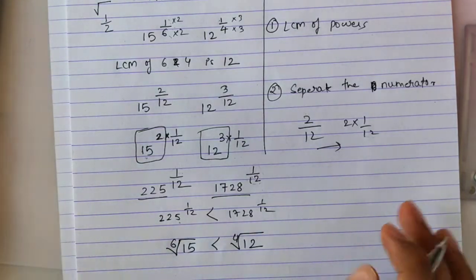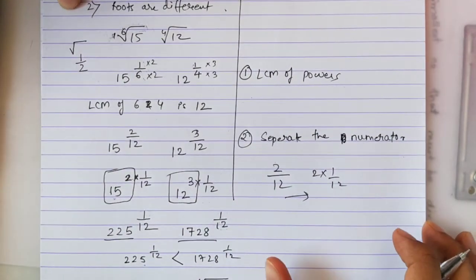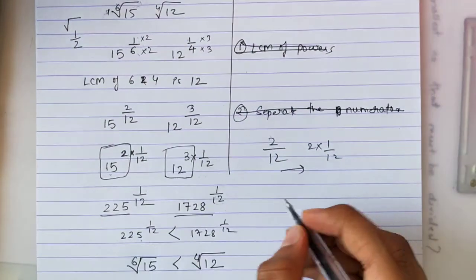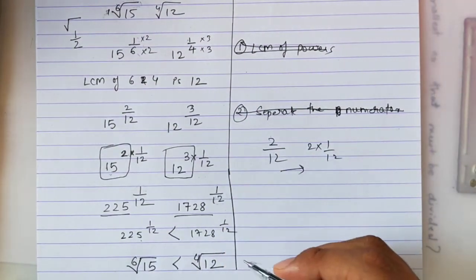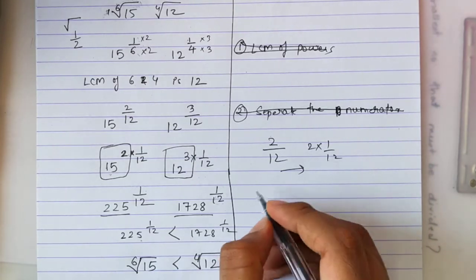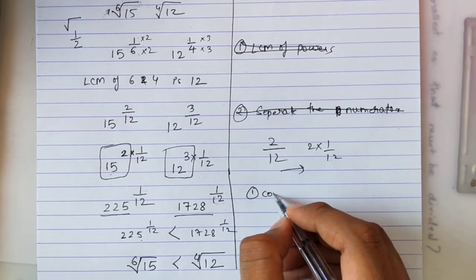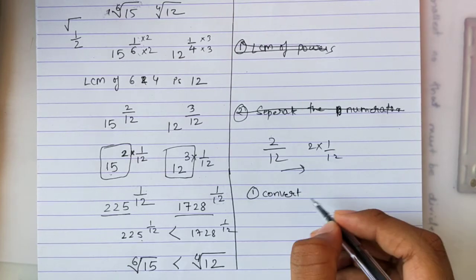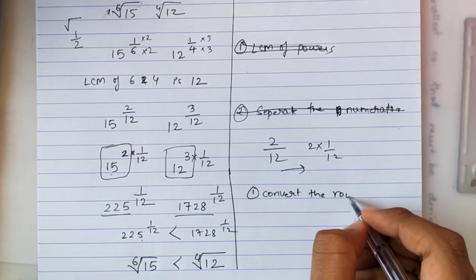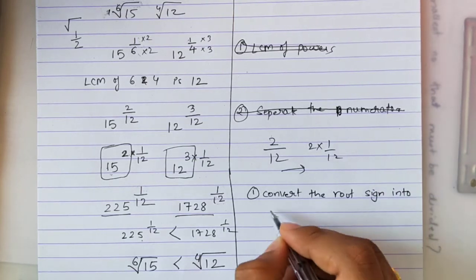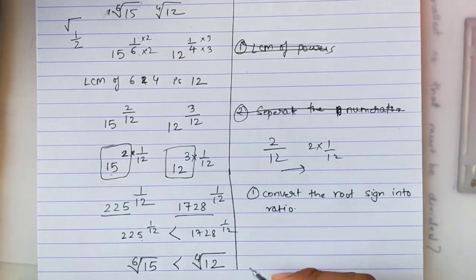Okay, so what steps did we follow? I'll write in more detail here. You can copy it in your textbook somewhere near the sum itself. First, convert the root sign into ratio.